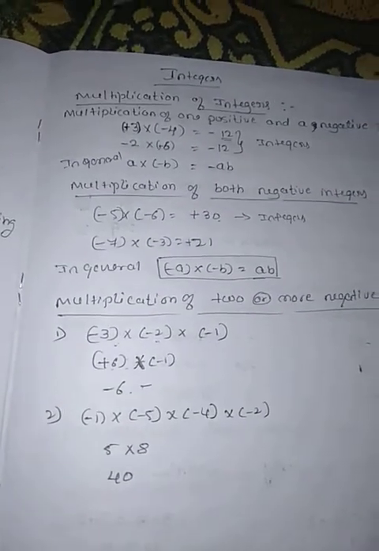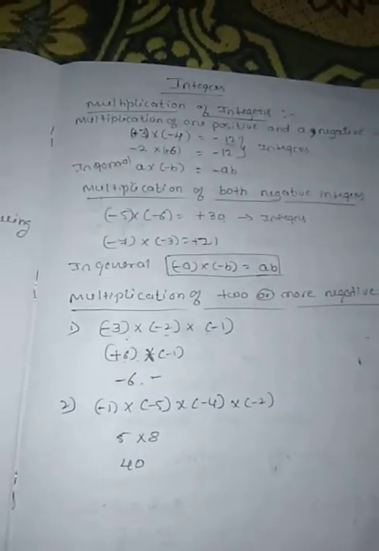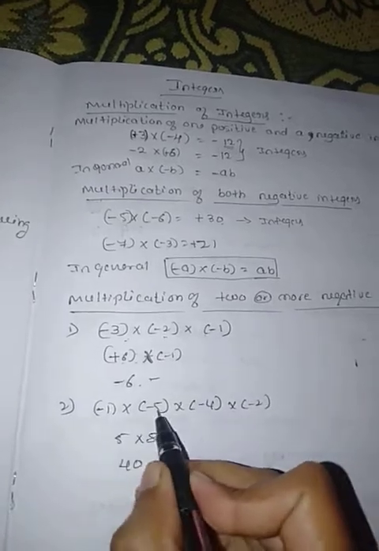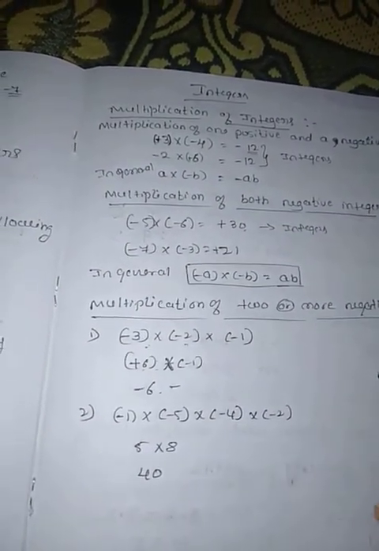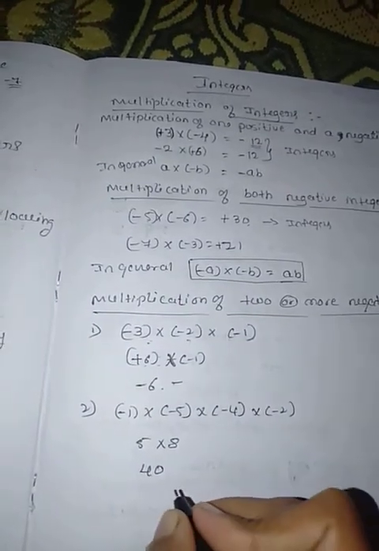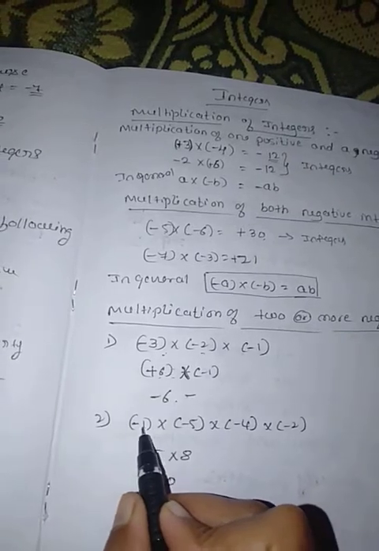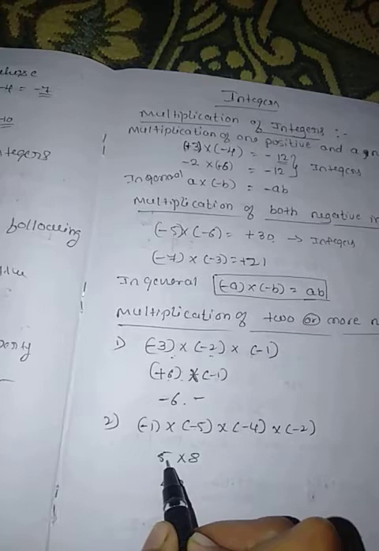If the number of integers is even, see here, 1, 2, 3, 4, four integers. If you multiply an even number of negative integers, what will be the product? When we multiply minus 1 into minus 5, minus into minus is plus, 5 into 1 is 5.